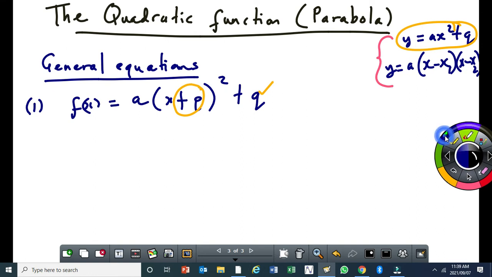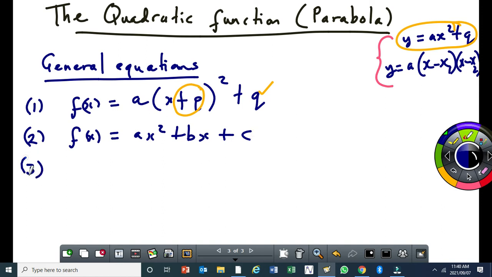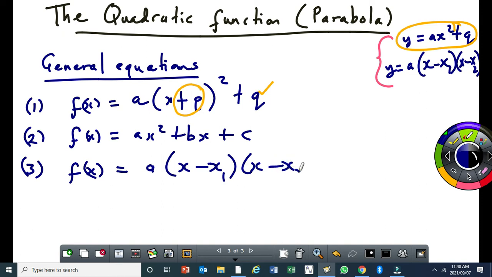Then we will also talk about the general equation of a quadratic function, which is f(x) equal to ax squared plus bx plus c. Then, third, we'll talk about the x-intercept form, which is a times (x minus x1) times (x minus x2).